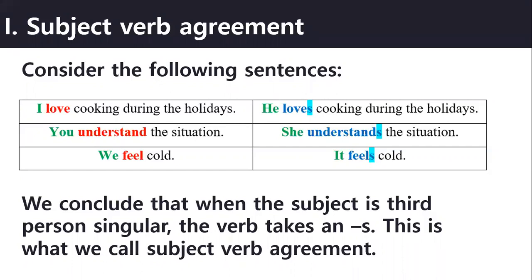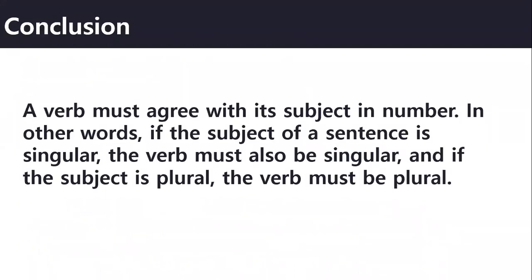We conclude that when the subject is third-person singular, the verb takes an S. This is what we call subject-verb agreement. A verb must agree with its subject in number. In other words, if the subject of a sentence is singular, the verb must also be singular. And if the subject is plural, the verb must be plural.